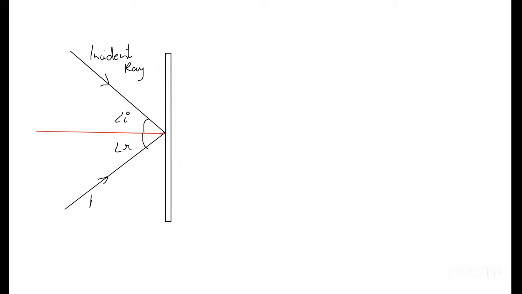This is the reflected ray. This is the plane. What exactly is the point of incidence? I haven't explained this, I guess. This point where the incident ray hits the plane mirror and then gets reflected is known as the point of incidence.